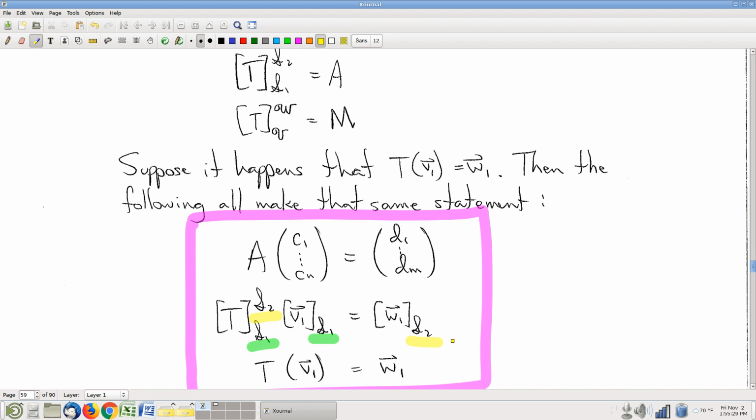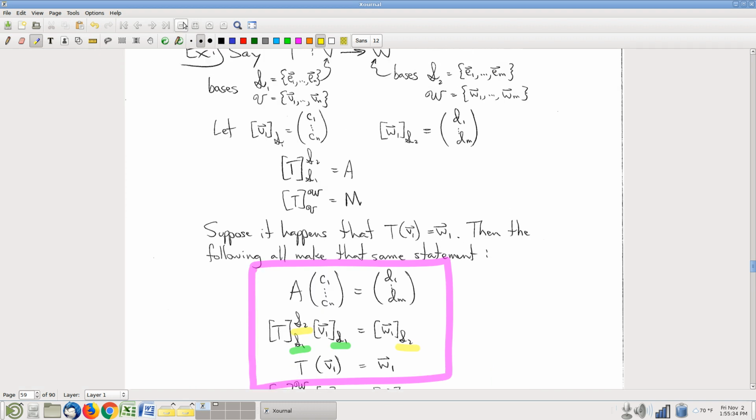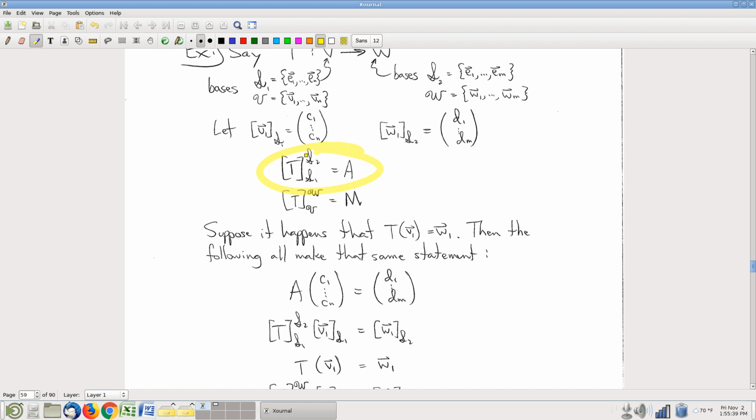Okay, and now how do I rewrite that? Well, remember we have this setup, and this linear transformation T in the language of the standard bases, I've already given that matrix a name, A, so I can just rewrite it. That's just A. That's what A is. How do I represent V1 with respect to the standard basis? Well, I already gave some names to those coordinates. V1 in the language of the S1 basis, C1 through Cn.